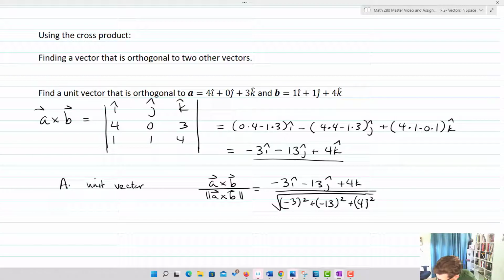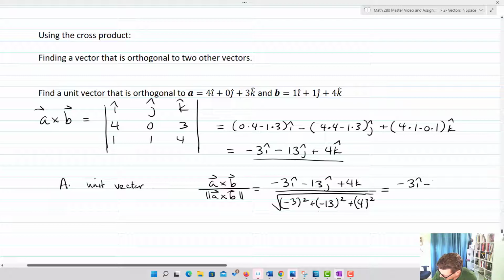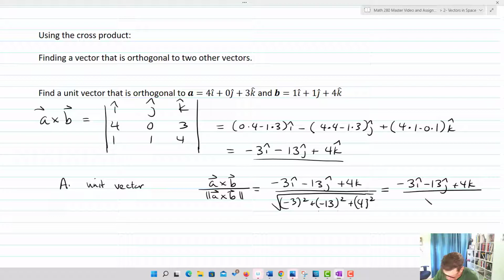So this is 169 plus 9 plus 16, and that ends up equaling negative 3i minus 13j plus 4k divided by the square root of 194.